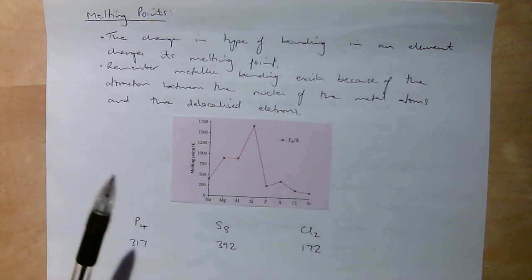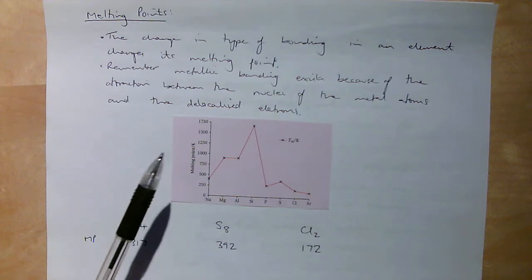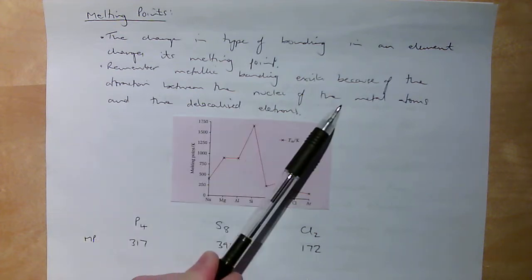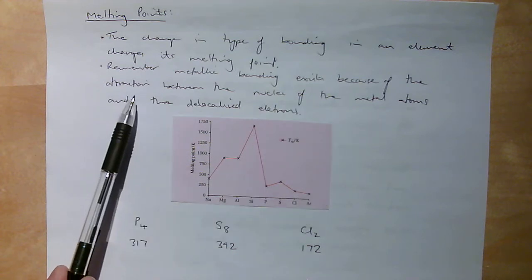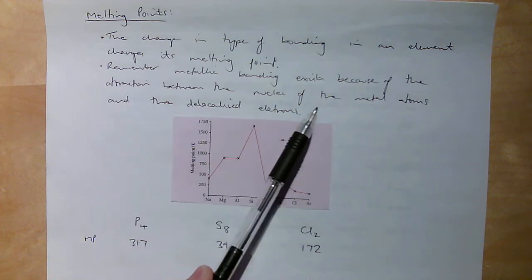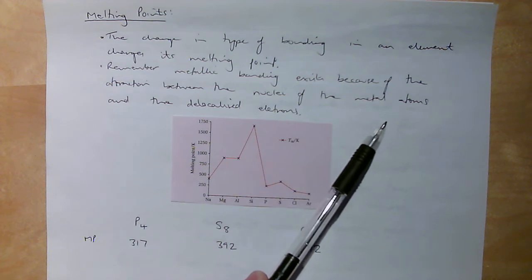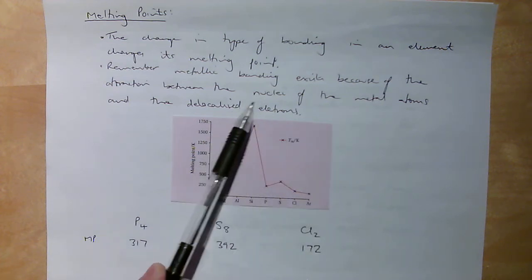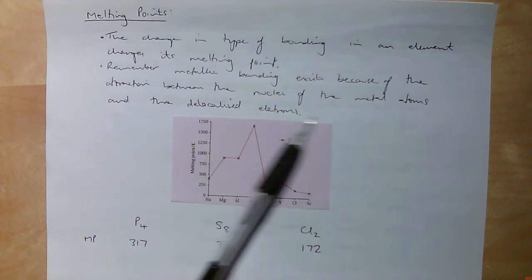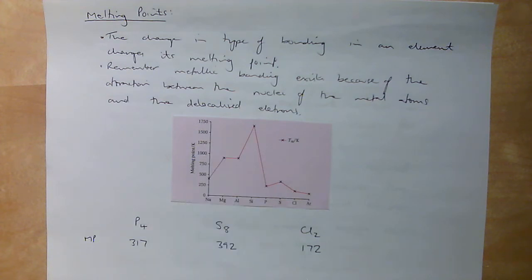And I'd like us all to remember that metallic bonding exists because there is an attraction between the nuclei of metal atoms and the delocalized electrons, the outer shell electrons. So if we look at melting points, we have to consider what type of element it is.